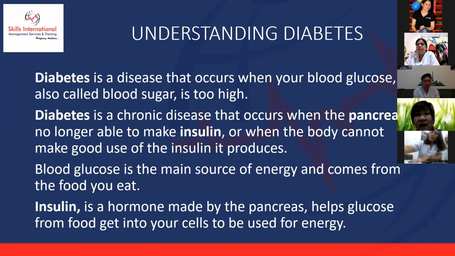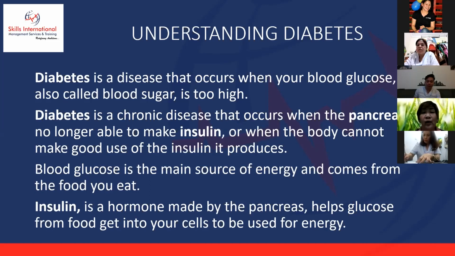That must be the result, high blood sugar. So diabetes as a chronic disease occurs, as I said, when the pancreas is not able to produce or make insulin, or when the body cannot make good use of the insulin it produces.